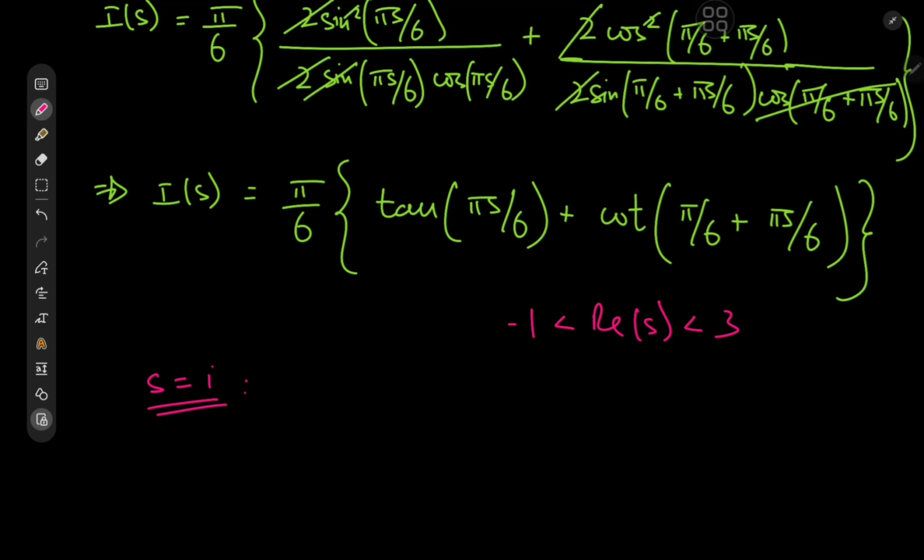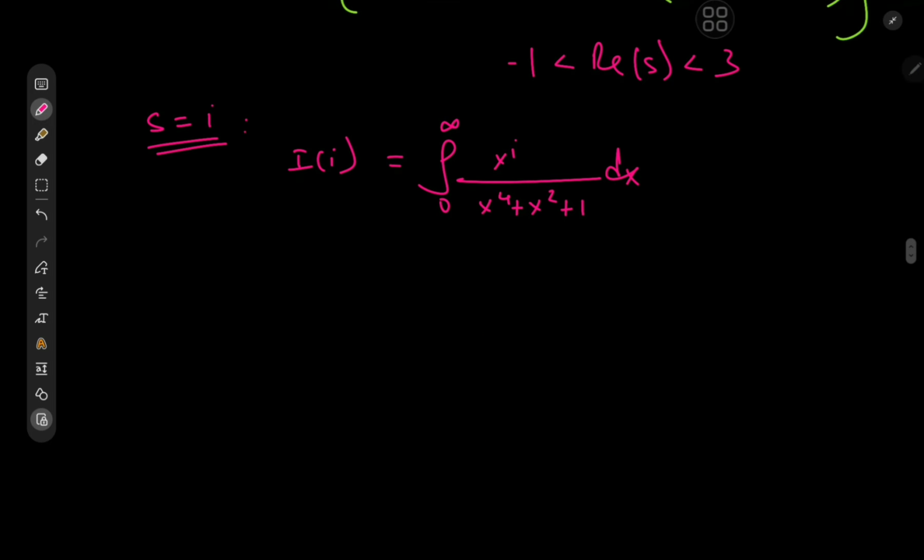That is quite nice because in that case we have I of i being the integral from 0 to infinity of x to the i divided by x to the 4th power plus x squared plus 1 dx. And what is x to the i? Well, x to the i is e to the i times log x, which means we have cosine log x plus i times sine log x by Euler's beautiful formula. So the real part would be the cosine integral.